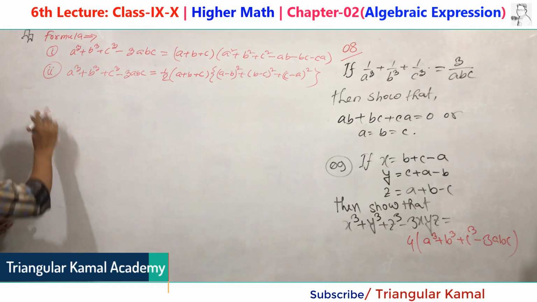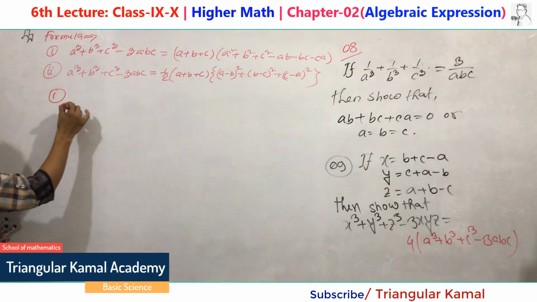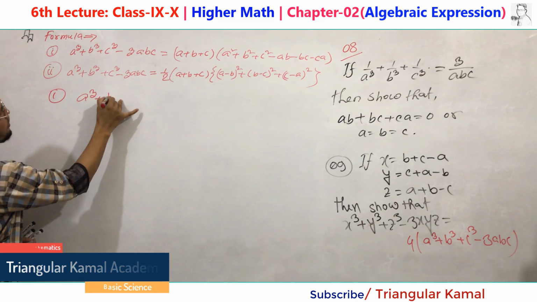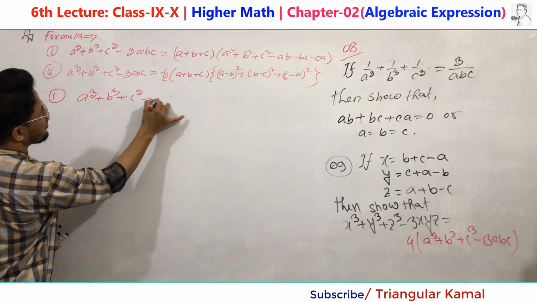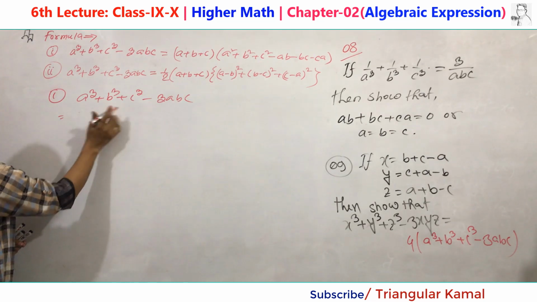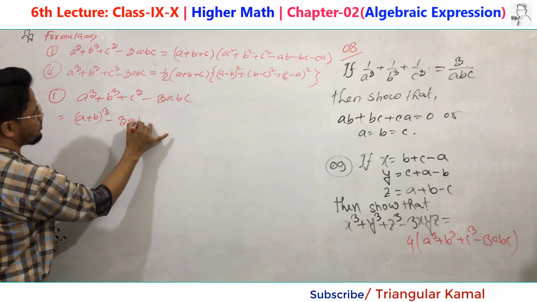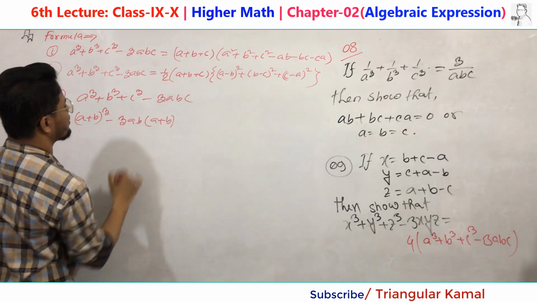Start from the left hand side. Number 1: a cube plus b cube plus c cube minus 3abc. Just write here the a cube plus b cube formula: a plus b whole cube minus 3ab into a plus b.